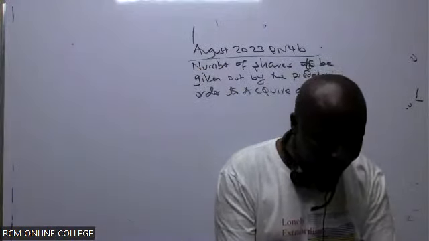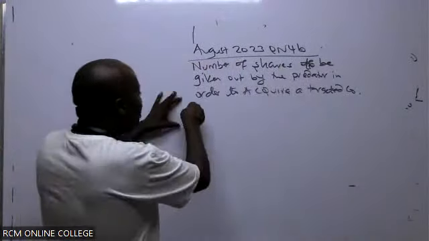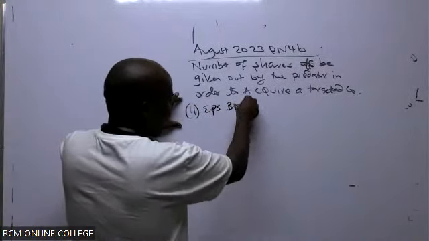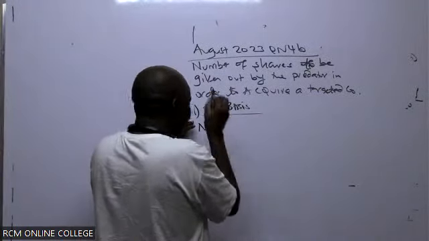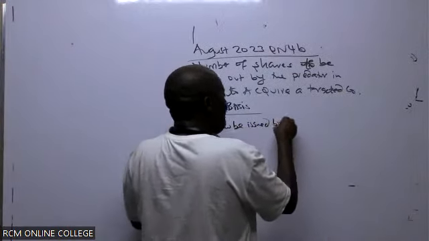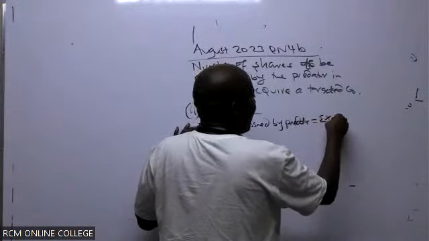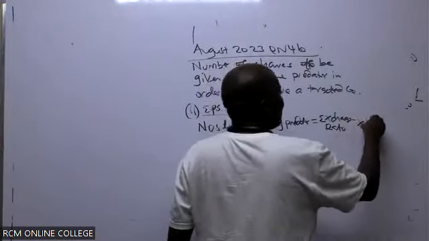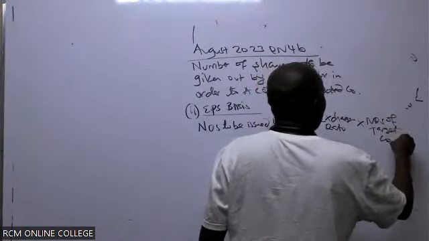The very first thing, ladies and gentlemen, that I will start with is to write down the formula. So I'm doing Roman 2. Roman 2 is on EPS basis. So now how do I get the number of shares to be issued by the predator? This is very easy. We'll take the exchange ratio times the number of shares of the target company.